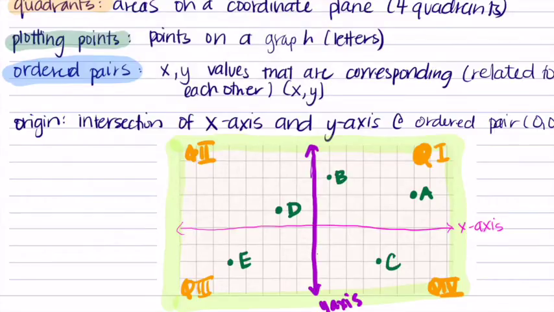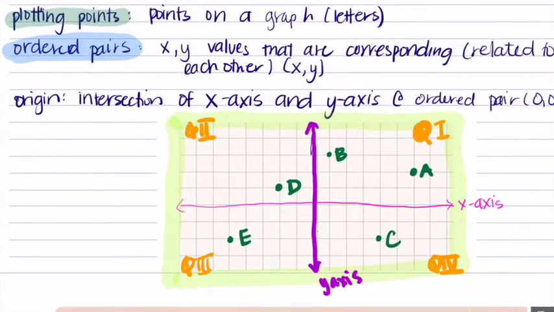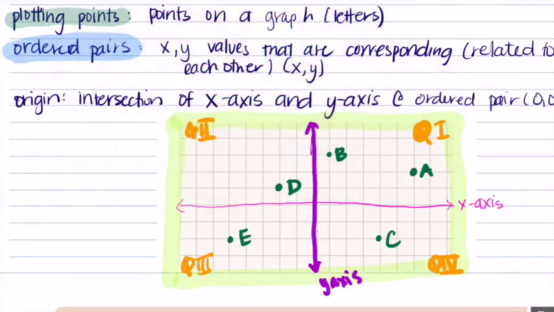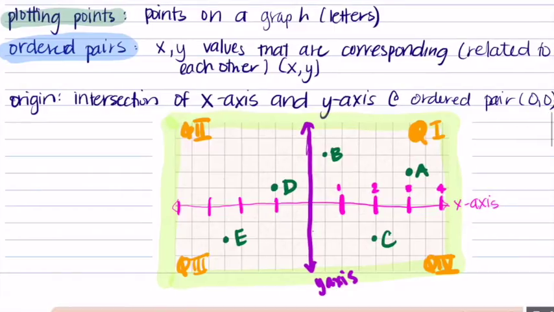So for A, my ordered pair is, before we can put in ordered pairs, we need to know what our values for our x and y axis are. So I'm going to call this 1, 2, 3, 4, negative 1, 2, 3, 4, 1, 2, 3, 4, negative 1, negative 2, negative 3, negative 4.